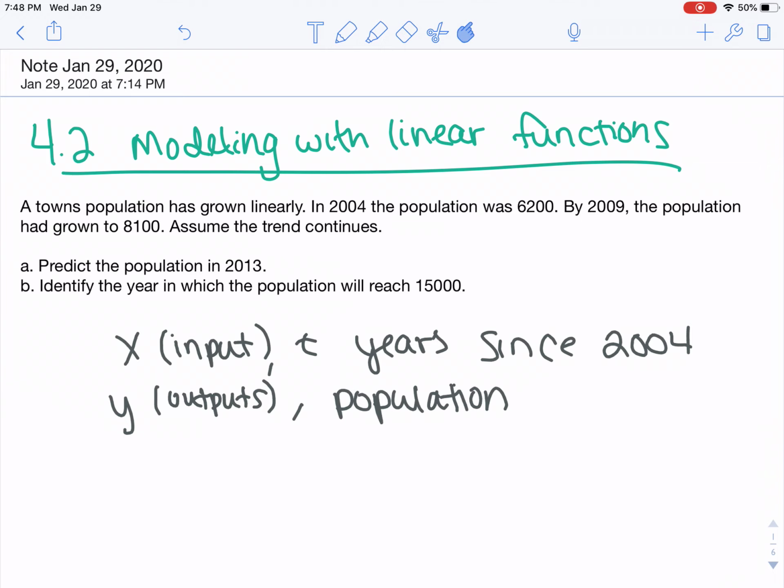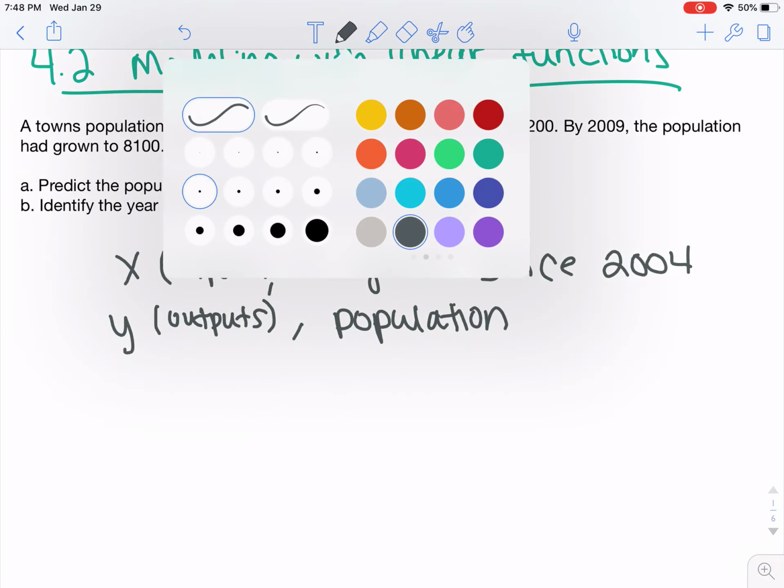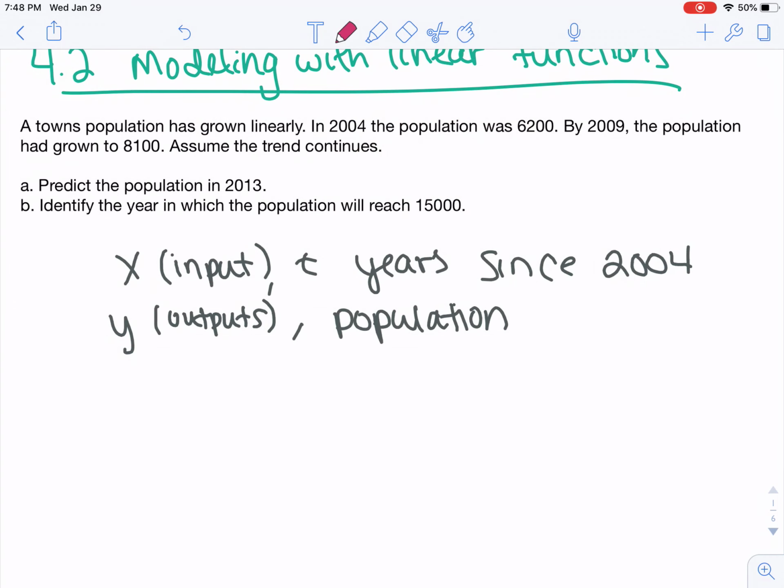So in order to kind of write an equation so that we can go through and be able to predict what's going to happen in 2013 and decide when we're going to reach a population of 15,000, we need to be able to write an equation. And because this is a linear equation, we need a slope and we need a y-intercept, okay? So to calculate your slope, what I'm going to do is I'm going to write the information they gave me in an ordered pair.